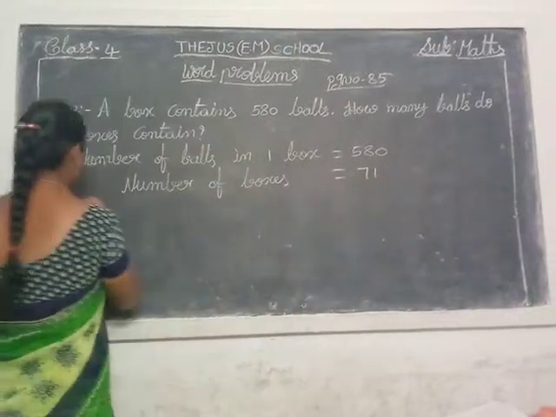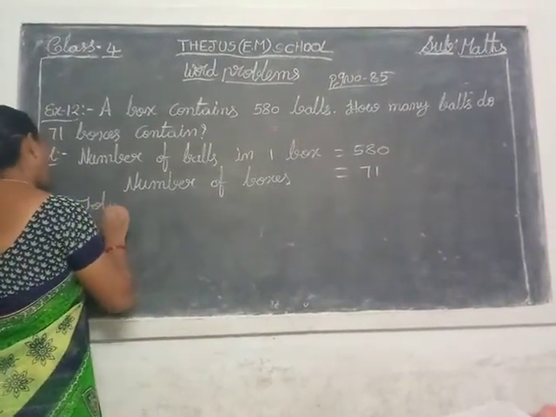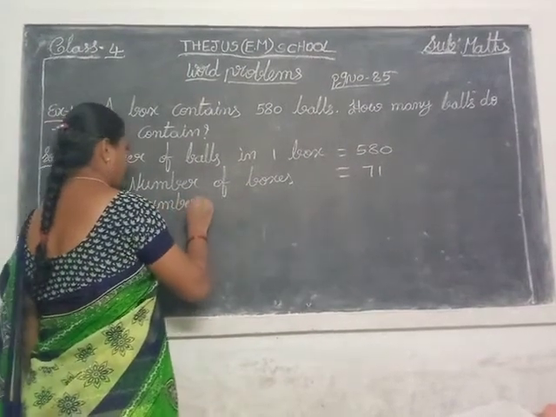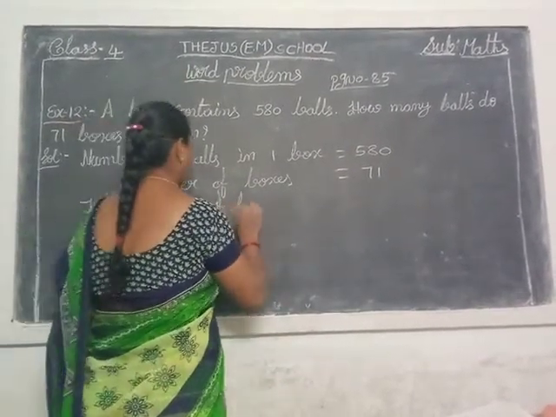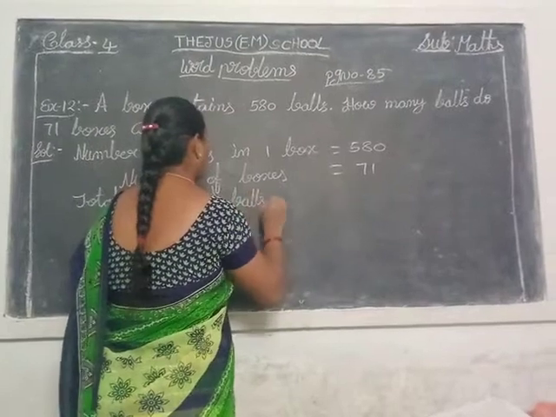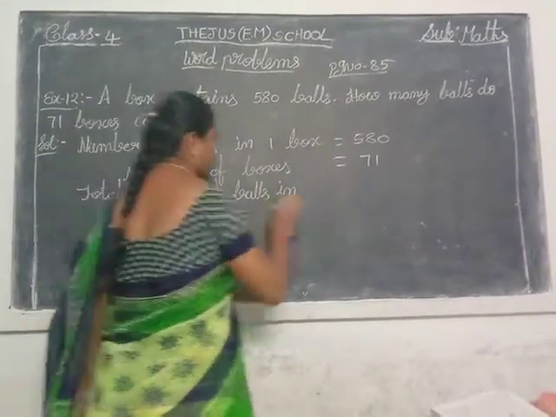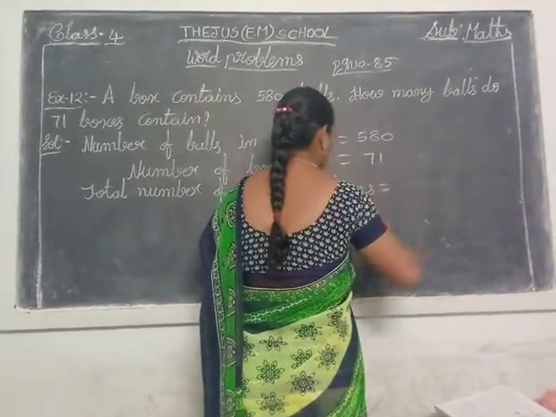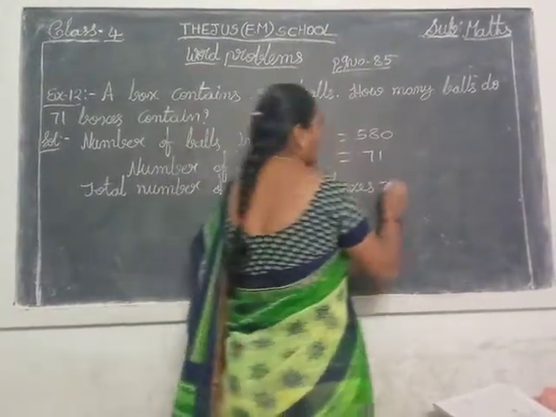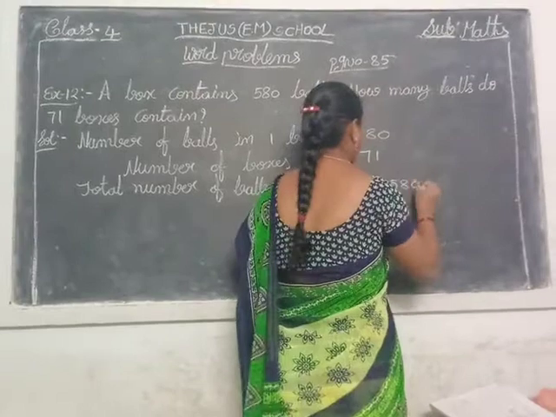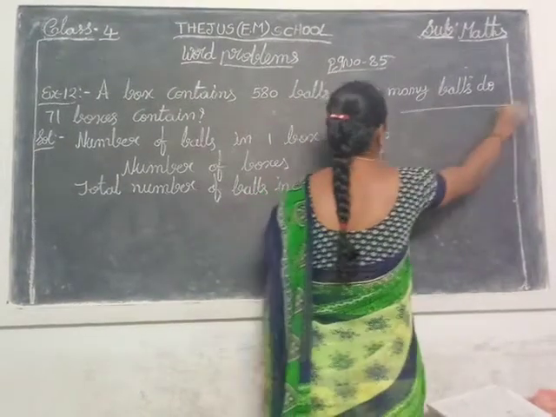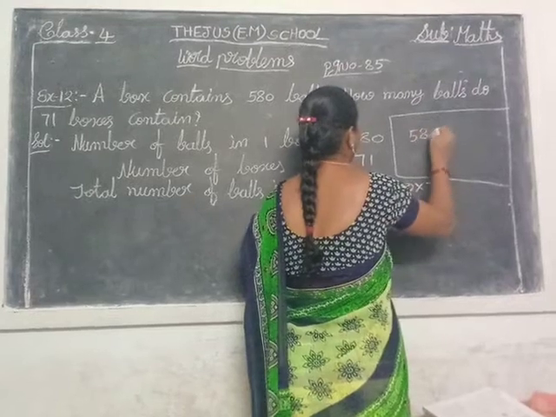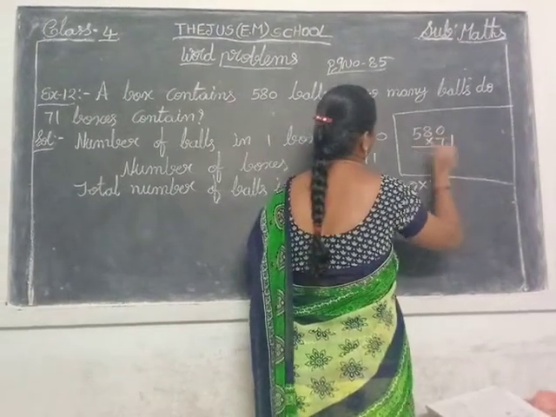So, we will find out total number of balls. In rough place, 580 into 71.